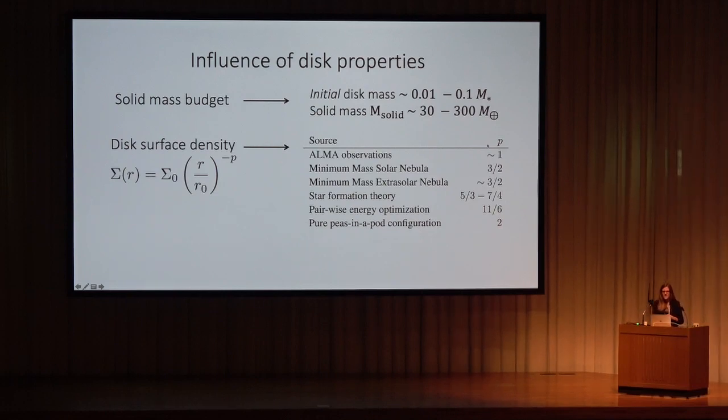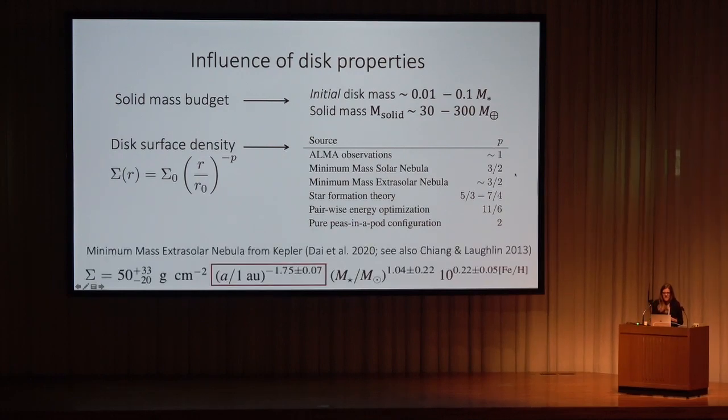The minimum mass solar nebula and minimum mass extrasolar nebula, which consider the observed planets in their current locations and spread out the mass to construct a surface density profile, find indices around 1.5. More specifically, the most recent effort at this by Dai et al. finds a power law index of about 1.75.